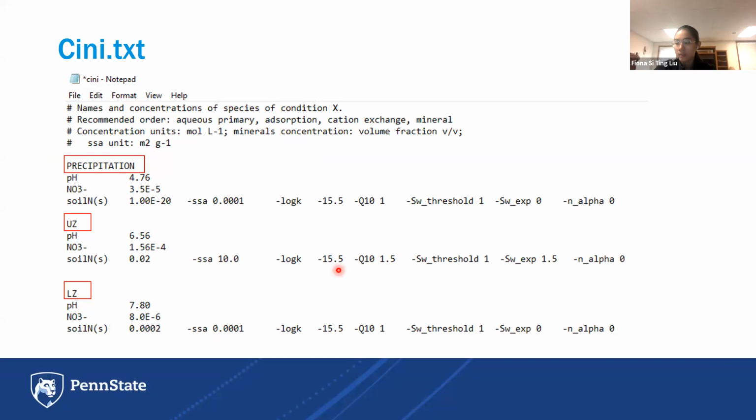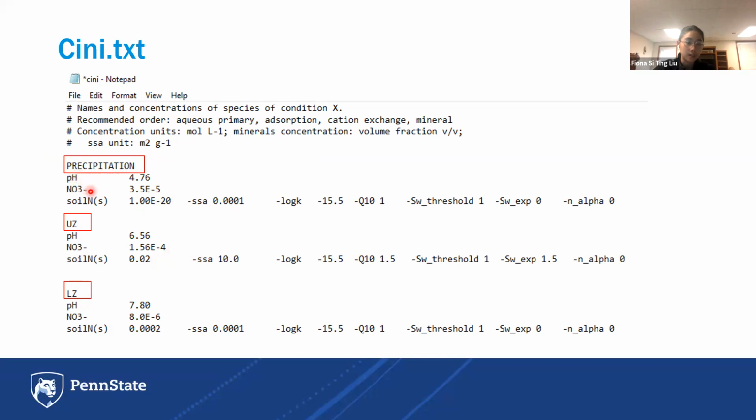So here is my setup CINI.txt file, in which I have input some of the initial concentration values and reaction rate parameters. Looking at the breakdown of the CINI.txt file, first of all, we have the three zone labels: the precipitation, the upper zone, and the lower zone.